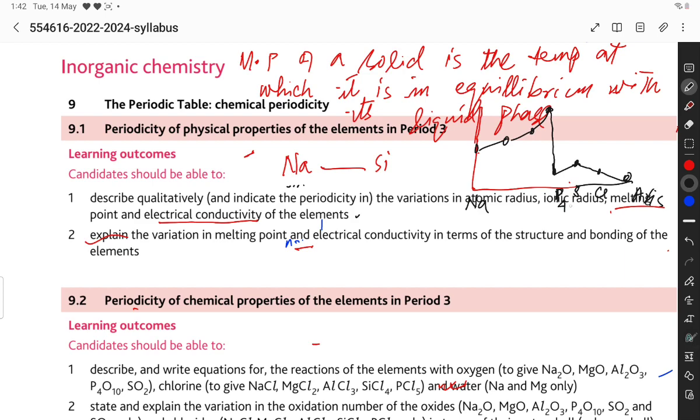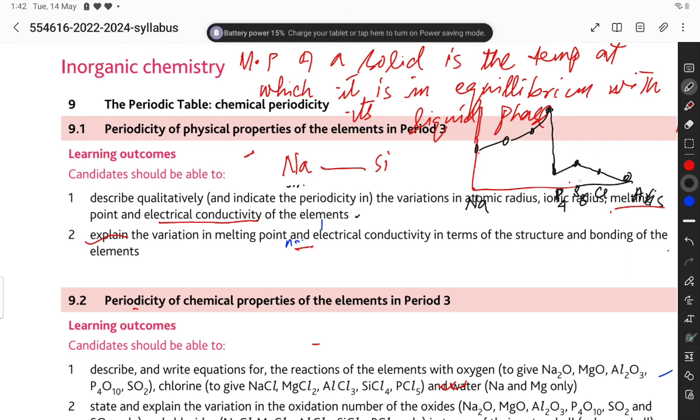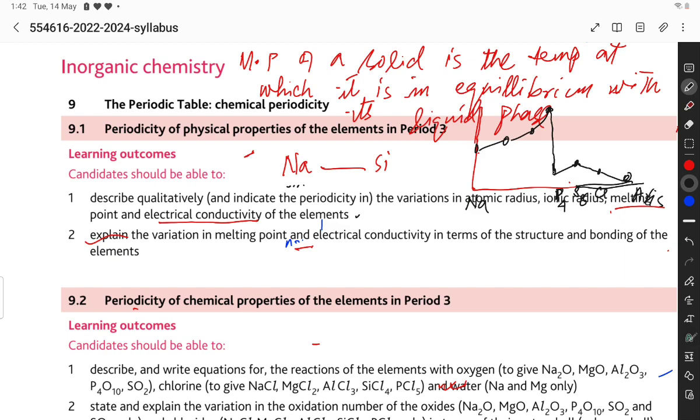Phosphorus is P4, sulfur is S8. Generally melting point decreases from phosphorus to argon, but phosphorus has fewer electrons than sulfur, so S8 has a higher melting point than P4.